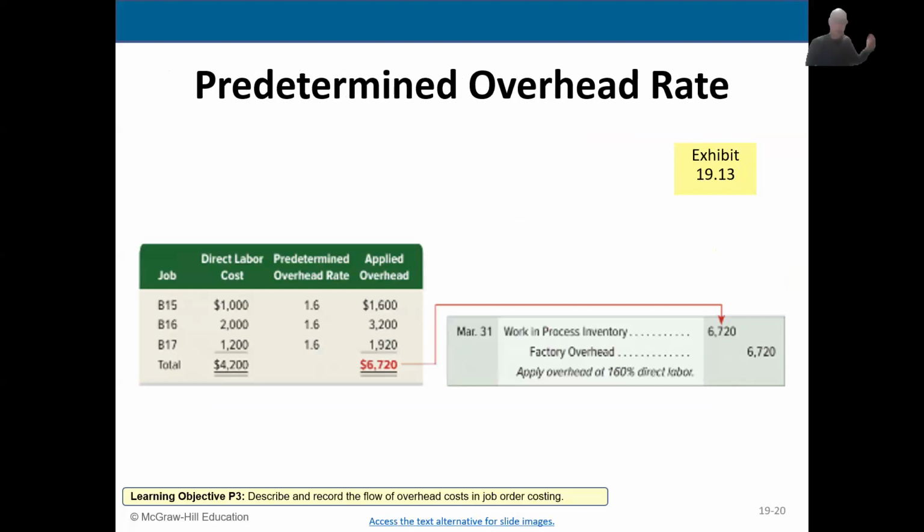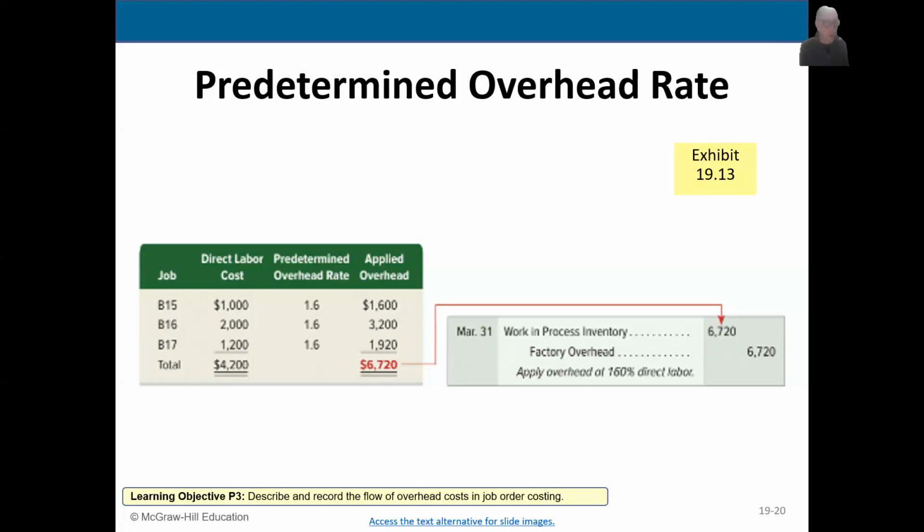So, how do we record the overhead rate, the estimated overhead rate? We take our direct labor cost, we multiply that by 1.6, also known as 160%.